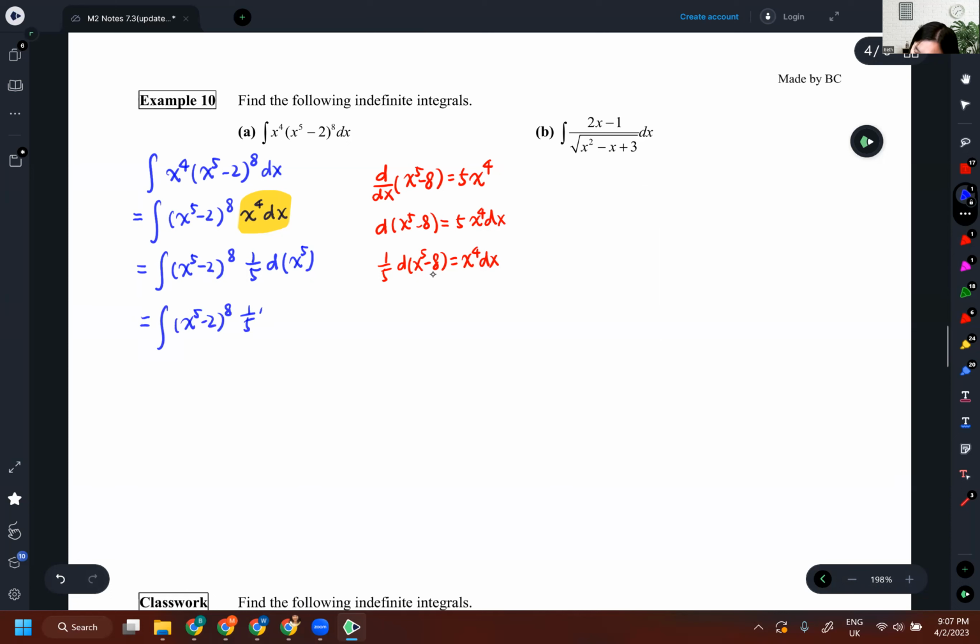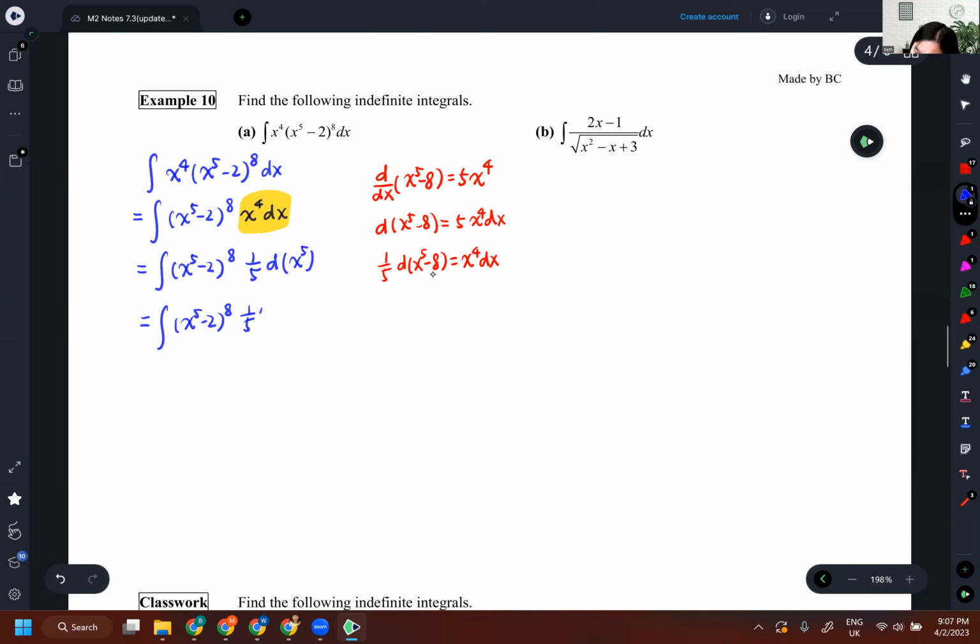Now, how do you see this part? Now this is like an integration. x^4, it's an integration, so you get x^5 divided by 5, right? And then you can do the differentiation. Sorry, integration.